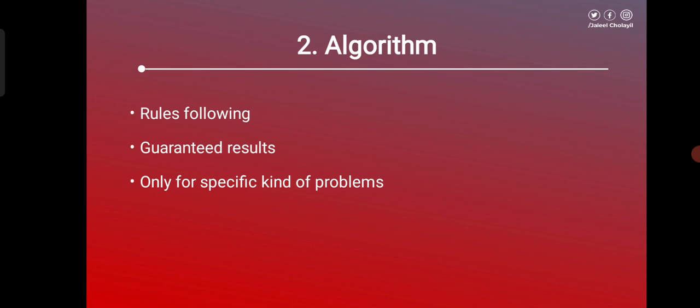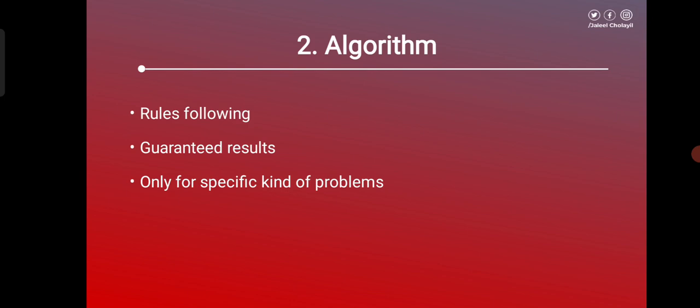There is an algorithm for YouTube, an algorithm for Instagram, and such things. So algorithm means we follow certain rules, and when we follow those rules, we get the guaranteed result. A typical maths problem is an example of an algorithm, where we use formulas to get the percentage or the BMI.